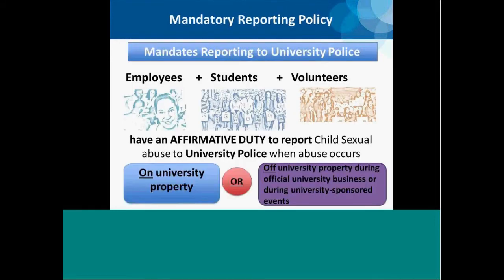The effect of this policy is to give university employees, students, and volunteers an affirmative duty to report child sexual abuse to the university police whenever such abuse occurs on State University property or whenever it occurs off university property during official university business or during university-sponsored events.